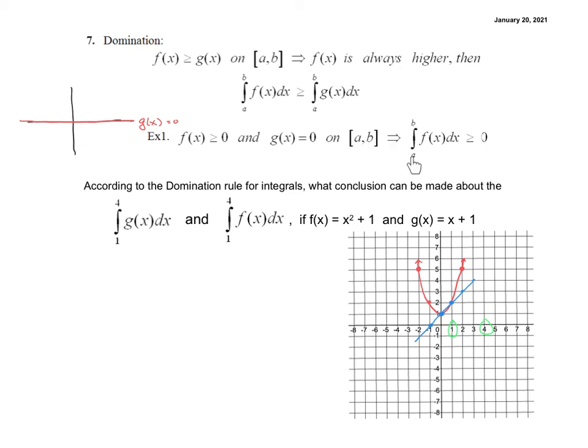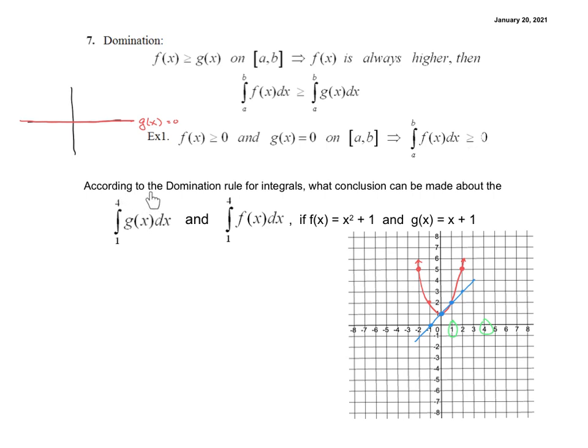That would mean that the integral from a to b of f of x dx has to always be greater than or equal to 0. In other words, if the function is entirely above or on the x-axis, then the integral value will have to be either positive, or at the lowest it would be 0. So it has to be greater than or equal to 0.